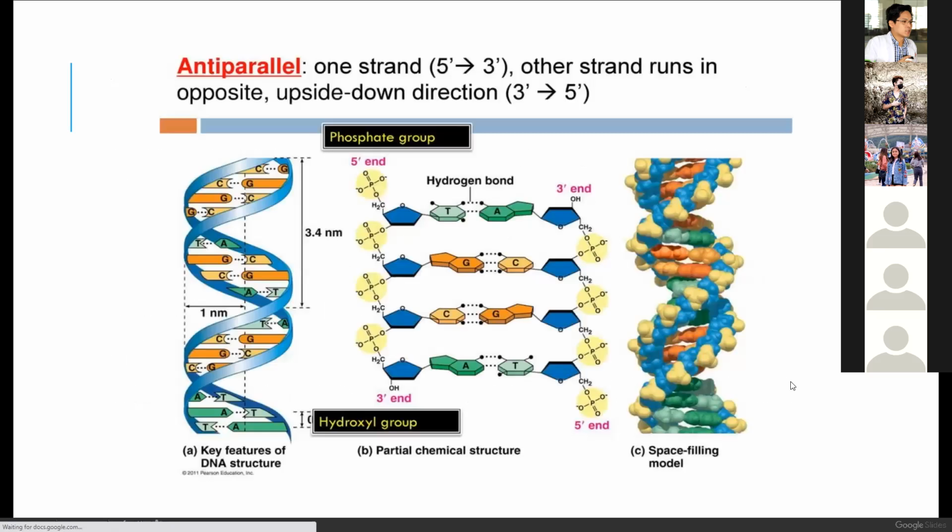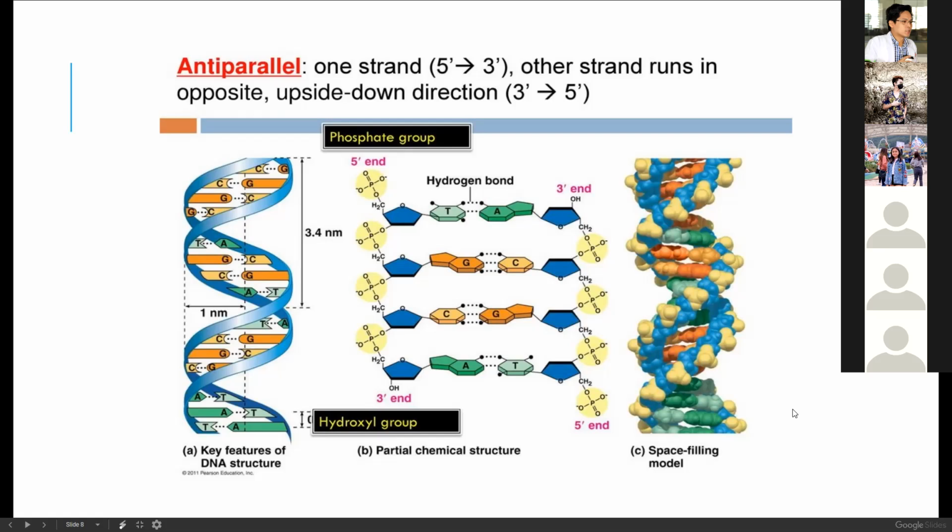If you look at the illustration, the 5' end is connected to the other 3' end.